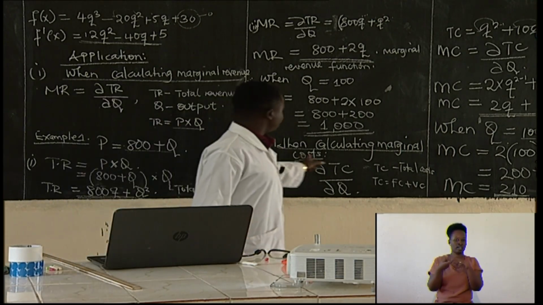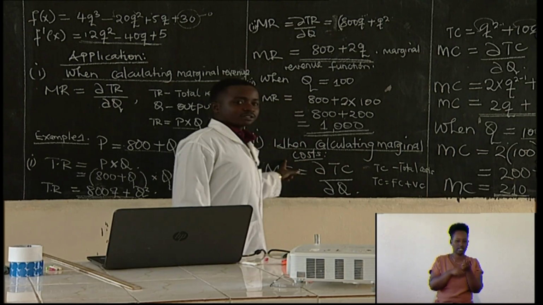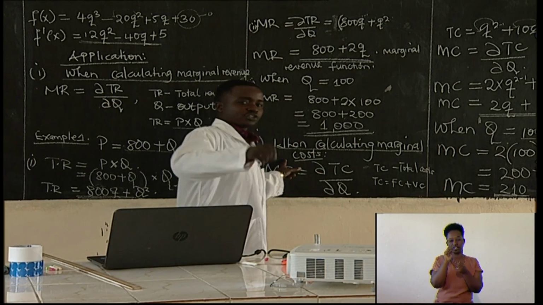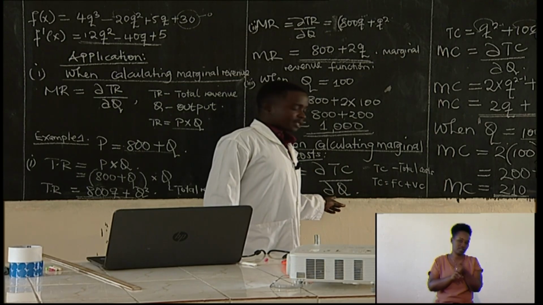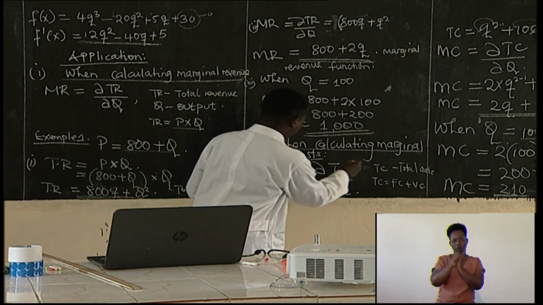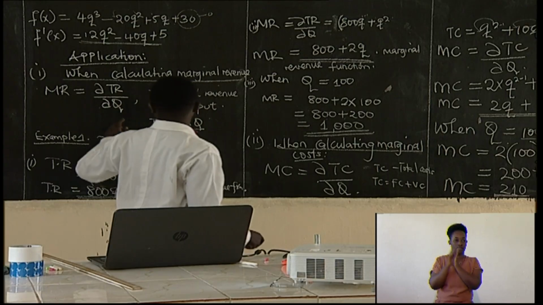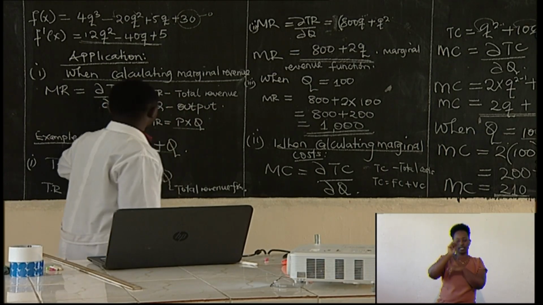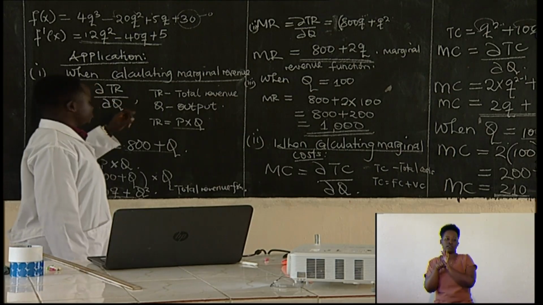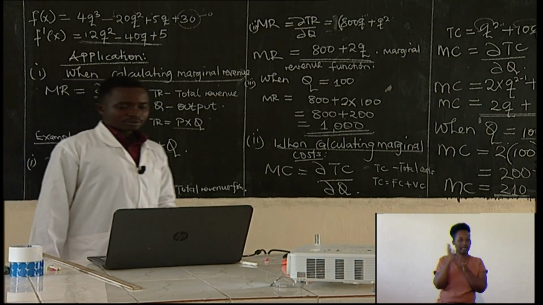When calculating marginal cost, it is the additional cost incurred to produce an additional unit of output. You have to note this. To get the marginal revenue, differentiate the total revenue function with respect to output.